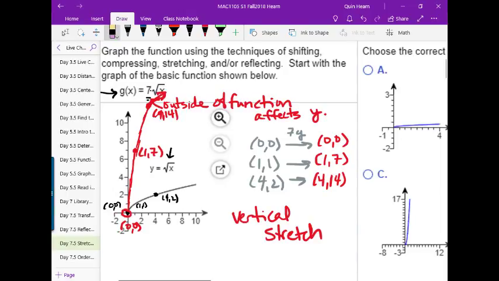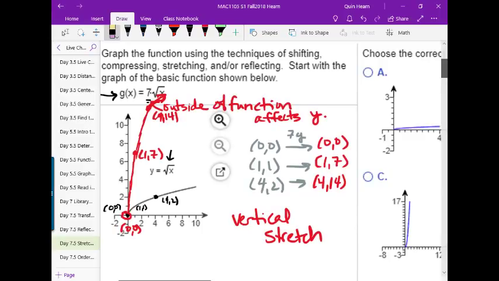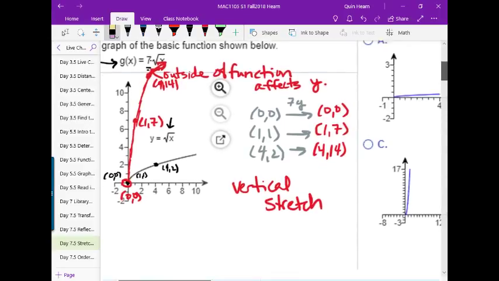So if we multiplied each of these y values by a half, half of 0 is still 0, half of 1 would be a half, and half of 2 would be 1, and the graph would actually shrink closer to the x-axis. So whether it stretches or shrinks is really just a matter of whether the multiplier is bigger than 1 or less than 1.